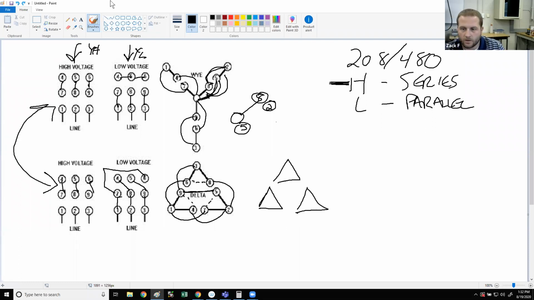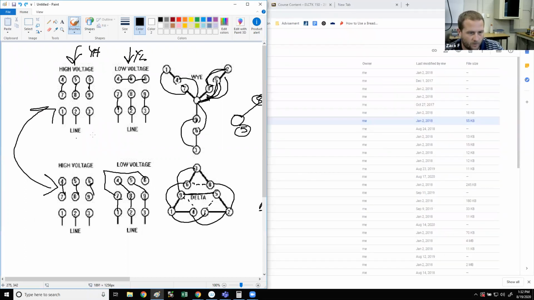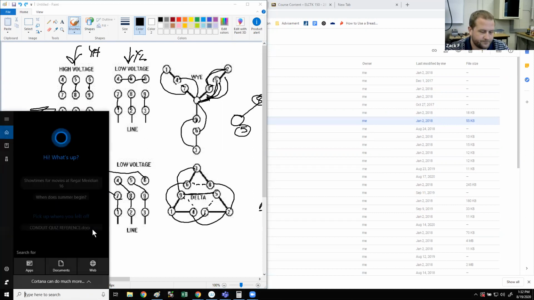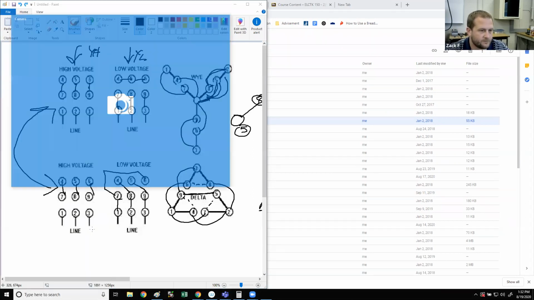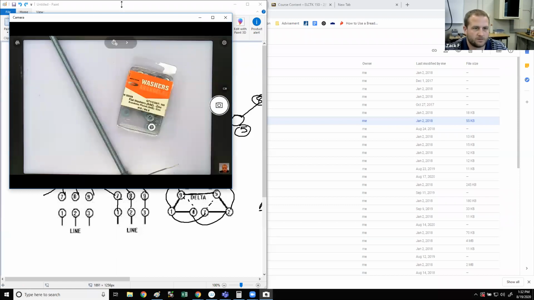Well, I want to do an example of this using a real motor. So we won't look at the nameplate. We'll just take the wires and hook them up however we choose.